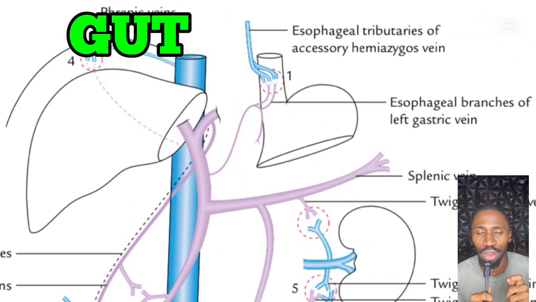Now the first one is gut. Gut is at the lower end of the esophagus.